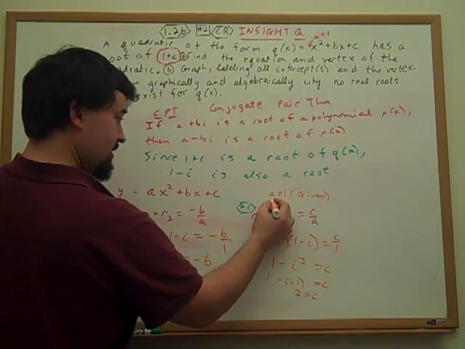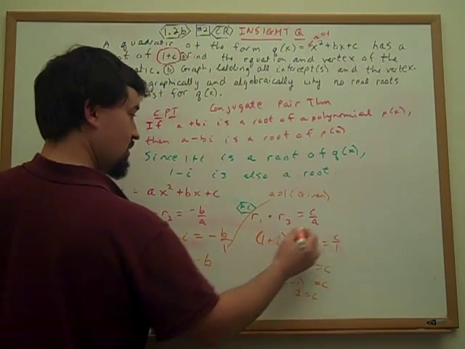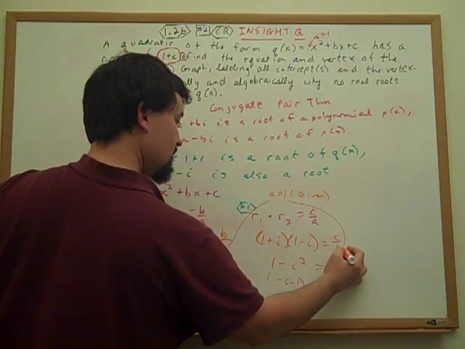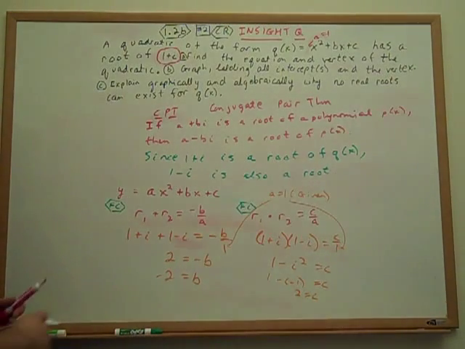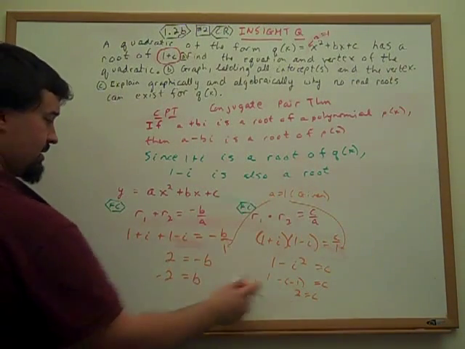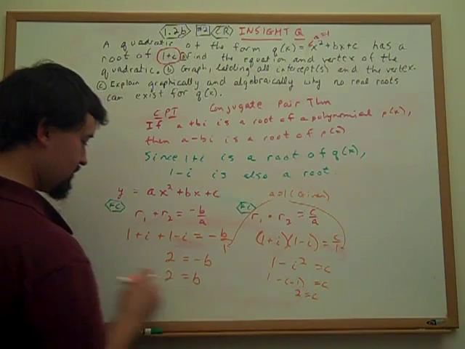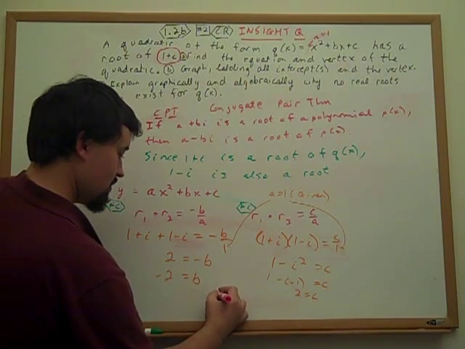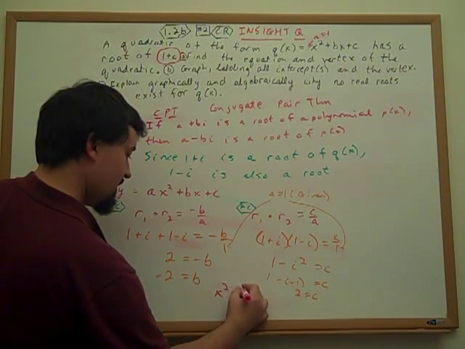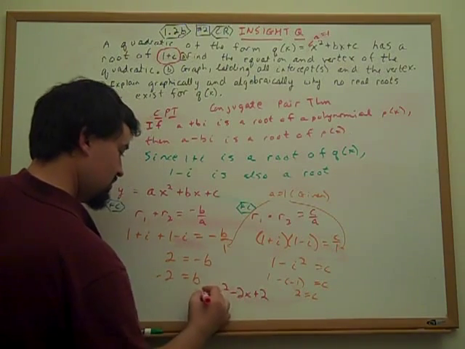That would be the explanation for plugging in these two 1 values. Now we have A, B, and C solved for, so our equation is x squared minus 2x plus 2.